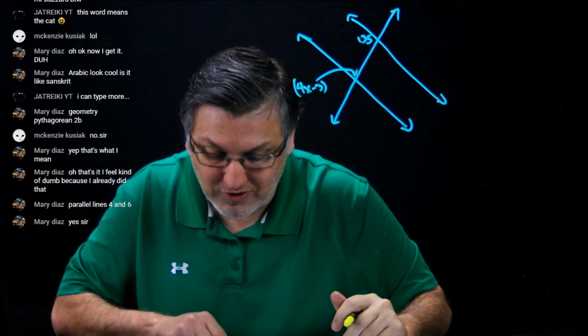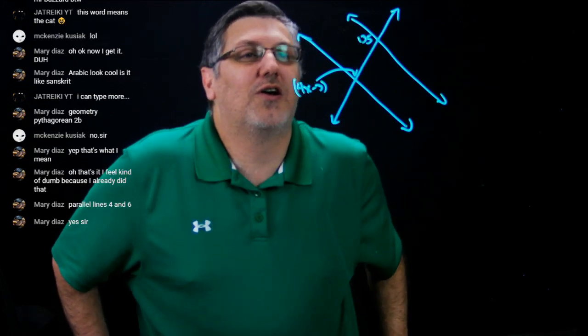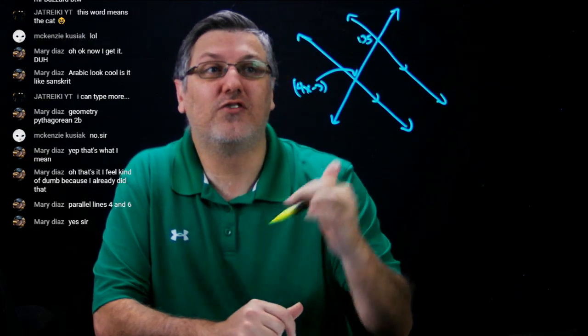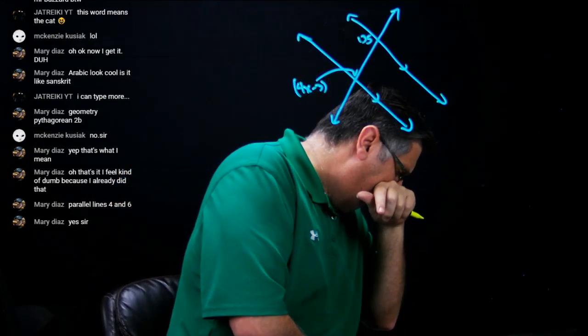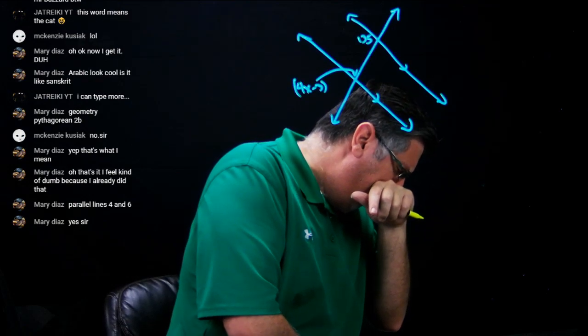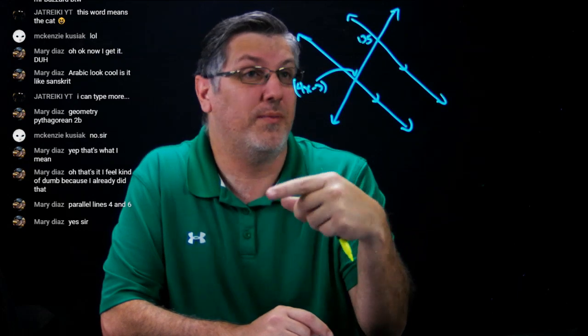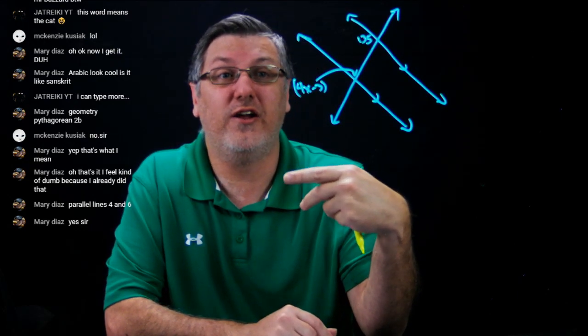It's kind of hard to see with that arrow. Okay, now these lines are parallel, so these are same side interior angles. Same side interior angles are supplementary. Supplementary means if we add those two angles together, they equal 180 degrees.